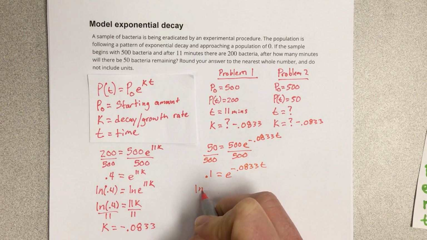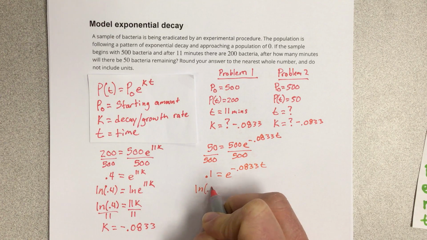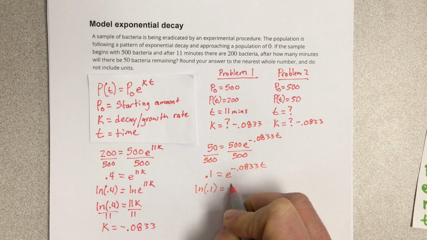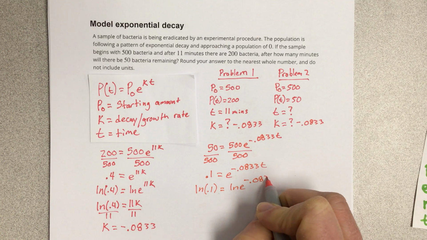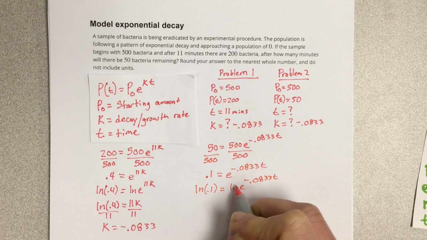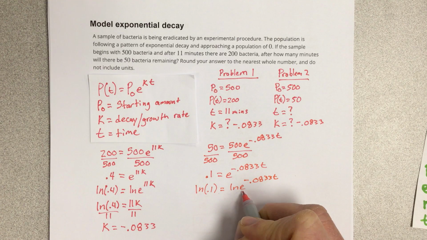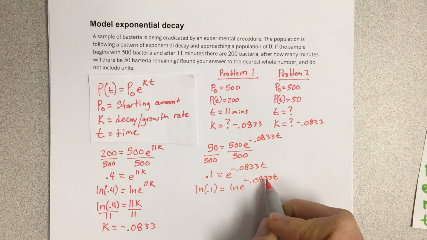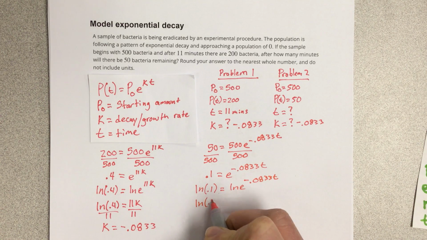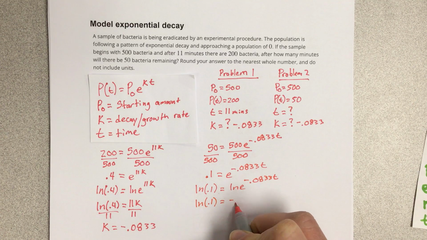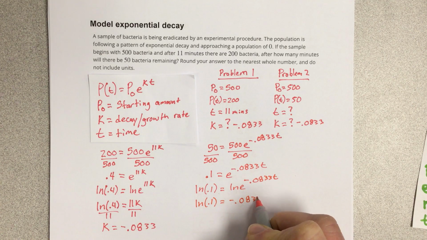We're going to take the natural log on each side. And this is a log law. Log base e of e is 1. Also, we can use the power rule to move the exponent to the front. So that'll be natural log of 0.1 equals negative 0.0833t.